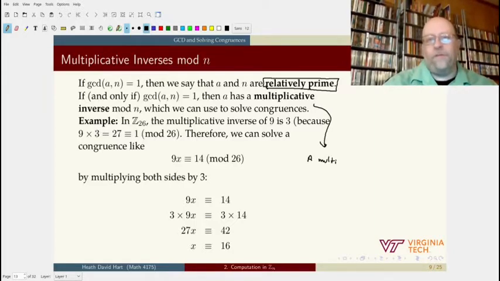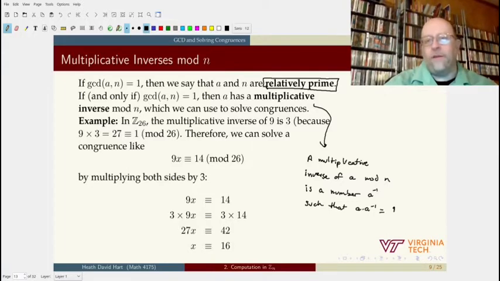Multiplicative inverse of A mod n is a number A inverse such that A times A inverse is equal to 1.